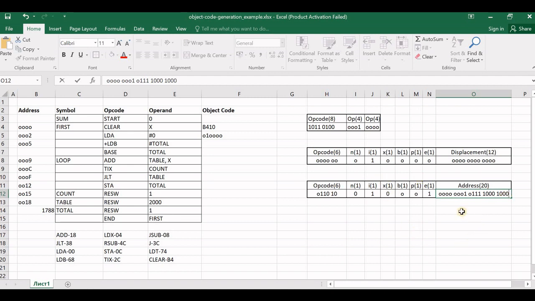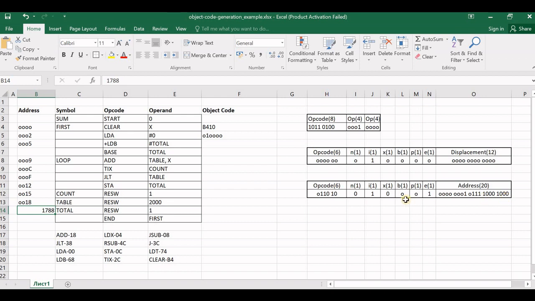So this is the 20-bit representation of the address. The target address of total is 1788, and that 1788 is represented in 20-bit format. So the first 4 bits are going to be zeros and the remaining 16 bits are the actual target address where total has been defined.